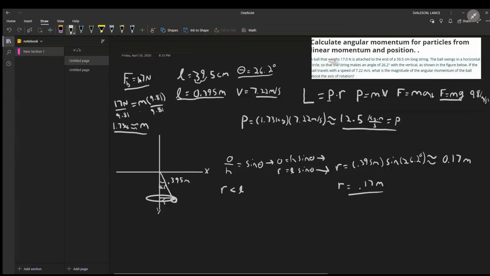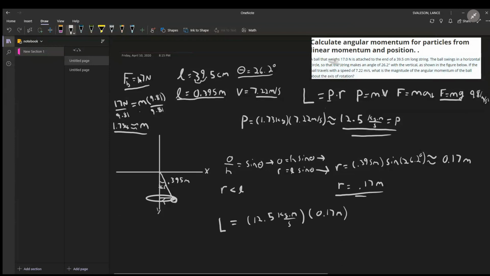And so once we've deduced what R is, we can now take our R and our momentum that we found, and we can plug them into our angular momentum equation to find the total angular momentum. My bad, L stands for angular momentum. So we got 12.5 kilograms times meters per second, multiplied by 0.17 meters.